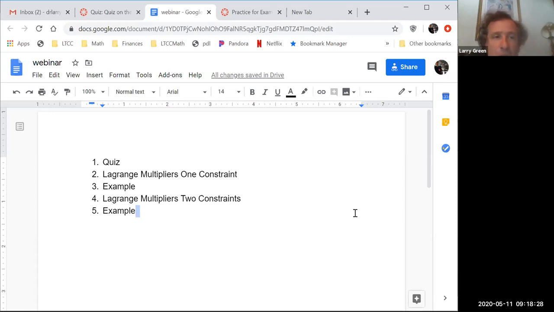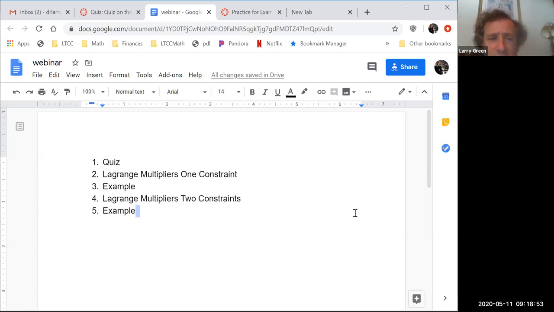And it comes up all over the place. This isn't one of those once in a while applications. This is a main application. So what you have is you want to maximize or minimize something that is a function of 2 or more variables, and you have a constraint. Does that make sense in terms of the reason why you care about it?